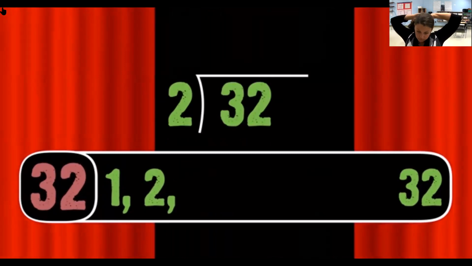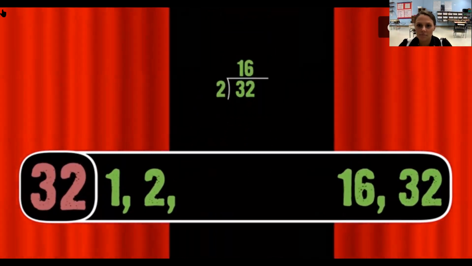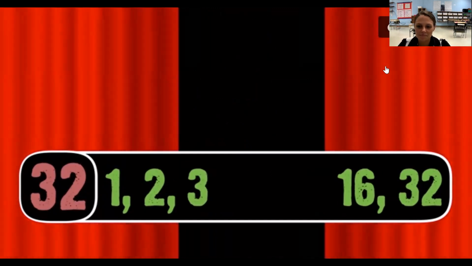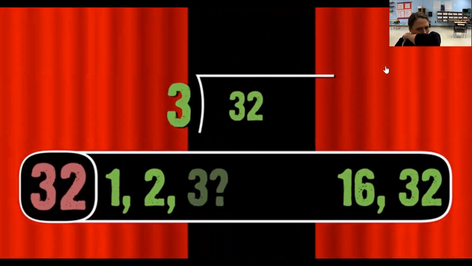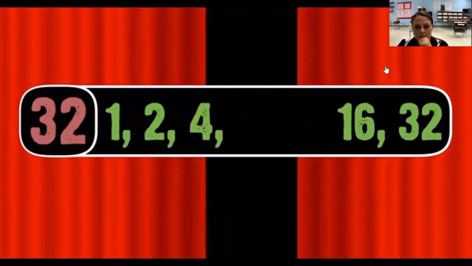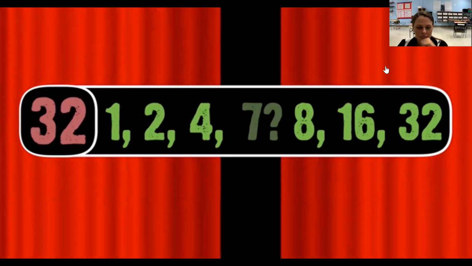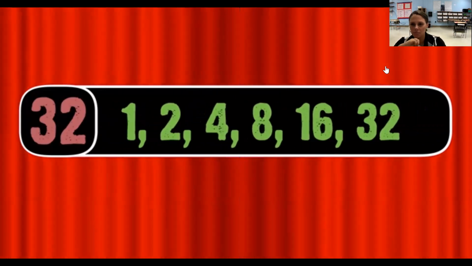Now we try 2 to find the next pair. 2 goes in the 32, 16 times, so we write the 16 on the right hand side. Next up is 3. Well, let's see, the 3 goes to 32 naively, so it's not a factor. But what about 4? That goes in 8 times, yeah, for sure. 5, 6, and 7, they don't go. And now you can see that the curtain is closed. That's all the factors for 32 to show.